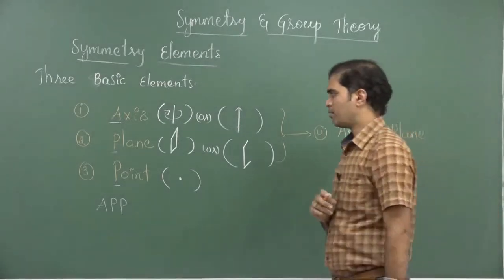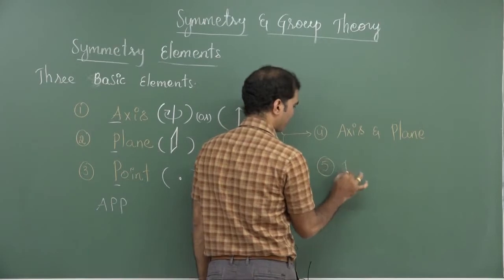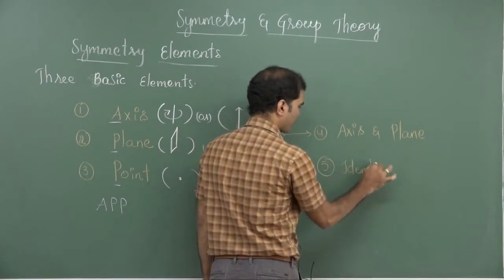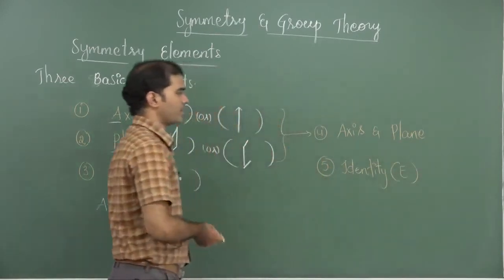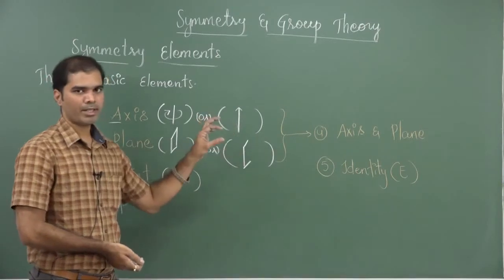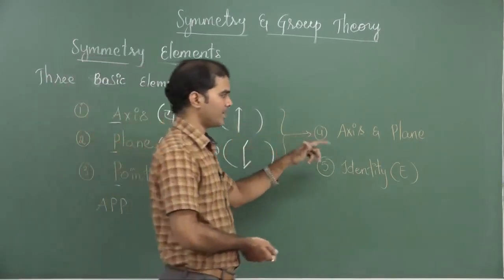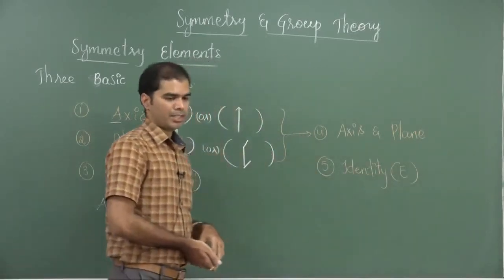That element is called the identity element, indicated by a capital E or an uppercase E, which is referred to as Einheit. What is this identity element?